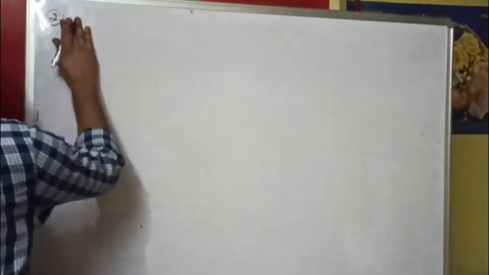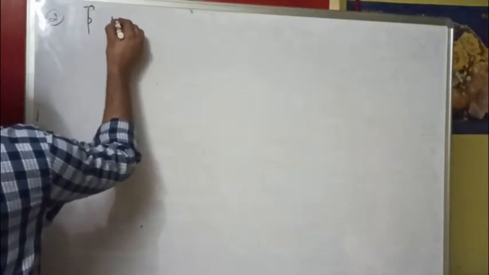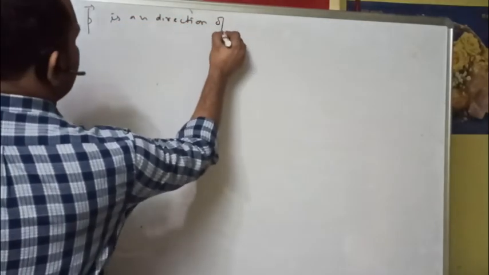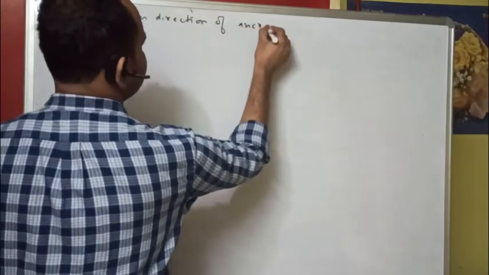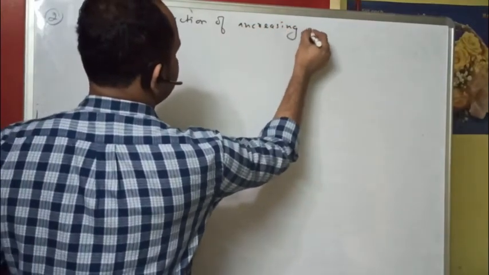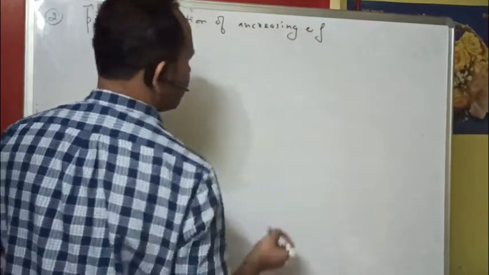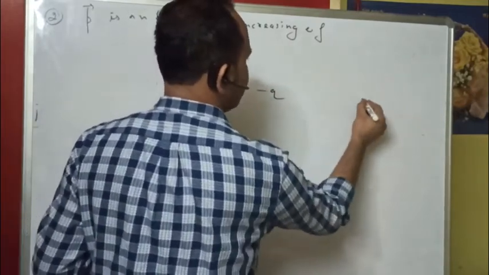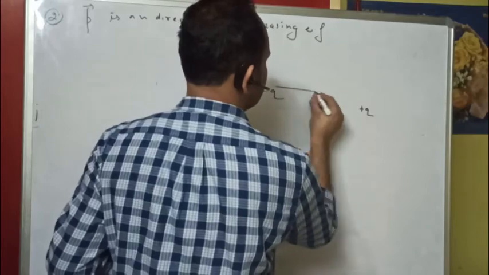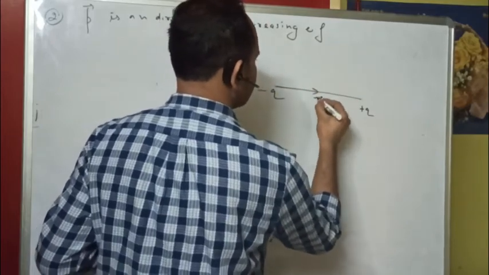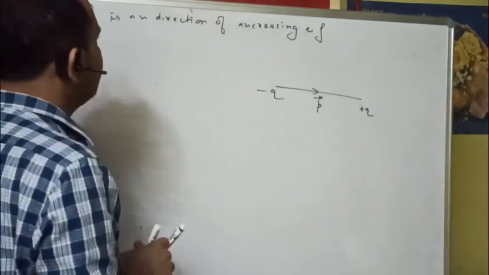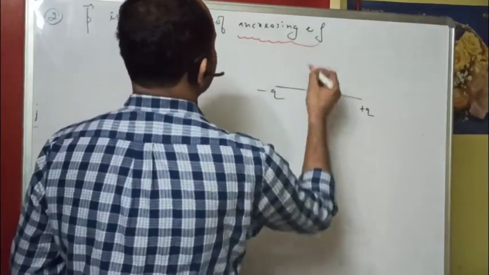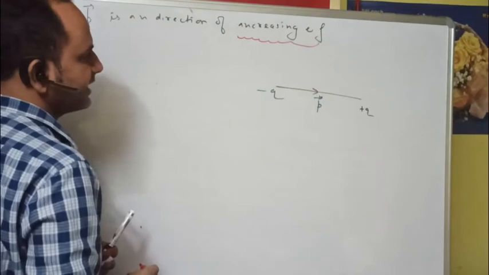Second case, the dipole moment is in the direction of increasing electric field. Okay, so suppose there is a dipole, minus q here and plus q here. So the dipole moment will be from minus to plus q, and in the question it is said that the dipole moment is in the direction of increasing electric field.